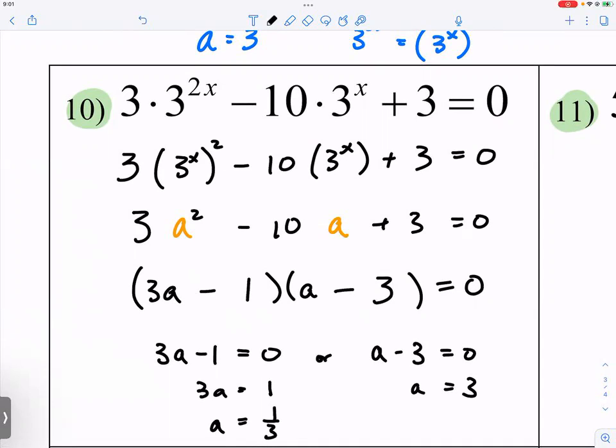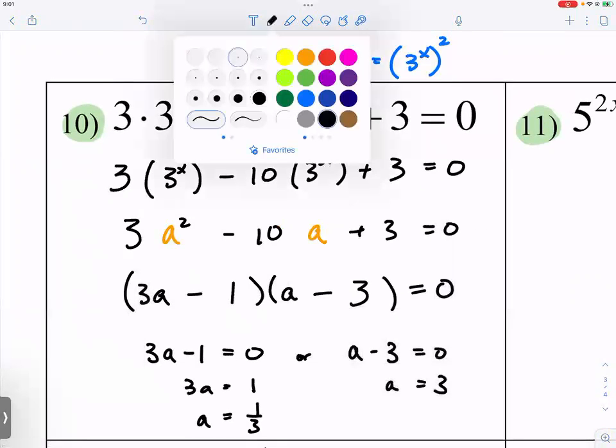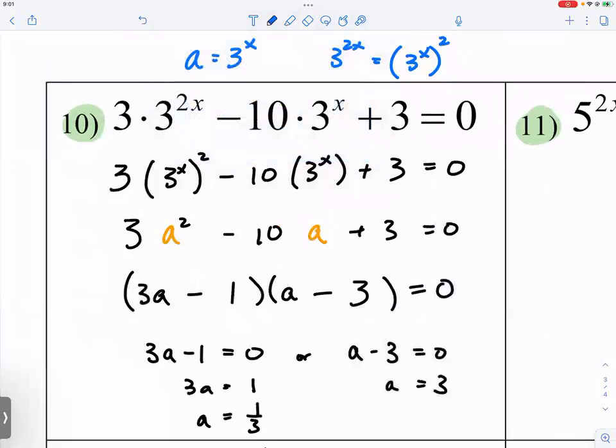Not yet, because our job is to find out what x is. So the dummy variable a has served its very historical mission of getting us through this quadratic equation. And now we place the 3 to the x back for the dummy variable. So 3 to the x is equal to 1/3 and 3 to the x is equal to 3.